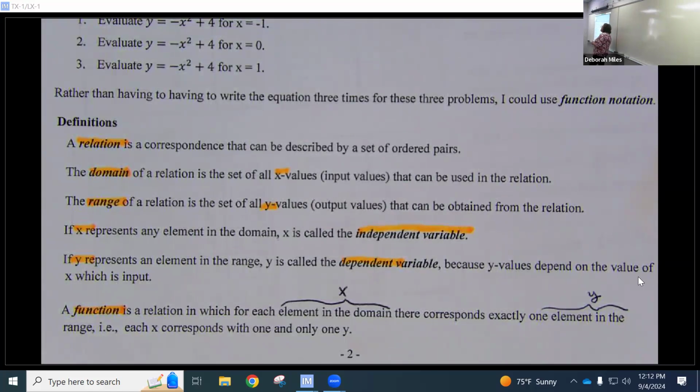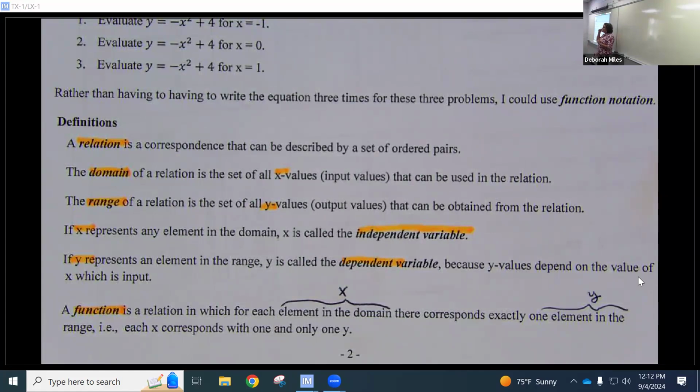Now, what if I said, I'm gonna call out a shoe size, everybody who wears that shoe size, raise your hand. If I called out an 8.5, would that be a function? Would there be more than one person who wears that size? Yeah, so that's not a function.